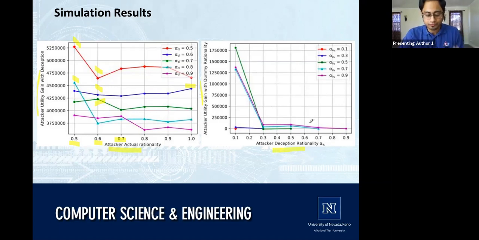So we find that using a deception rationality of 0.1 provides the highest utility gain for any attacker whose actual rationality is, say, greater than 0.3, as you can see over here. Now, if an attacker has an actual rationality of, say, 0.3 or less, you see that they don't really gain a lot of utility by deception. But an attacker with an actual rationality of greater than 0.3 has massive utility gain with deception if they choose to deceive below a 0.3. Well, what does this show us?